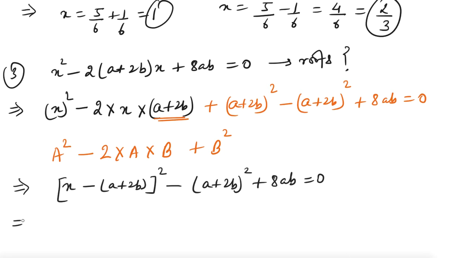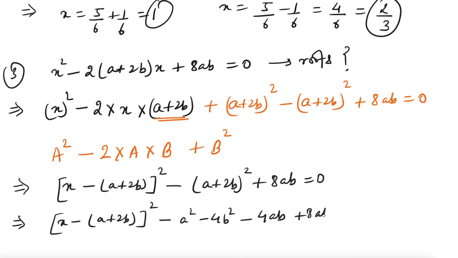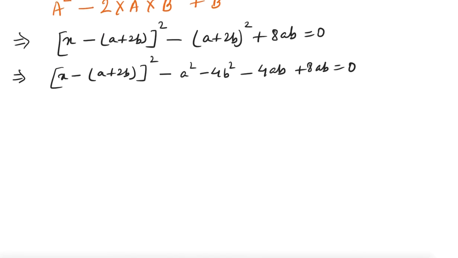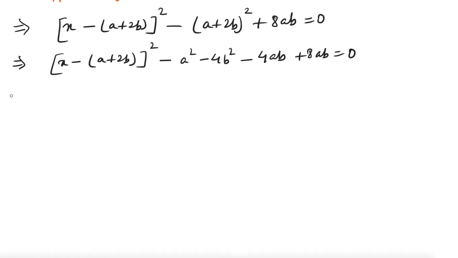Now let us try to simplify. This becomes x minus a plus 2b whole square minus a square minus 4b square minus 4ab plus 8ab equals 0. This is normal simplification. All of you can do it. I'm just doing it for you. I don't think that much explanation is required for this.